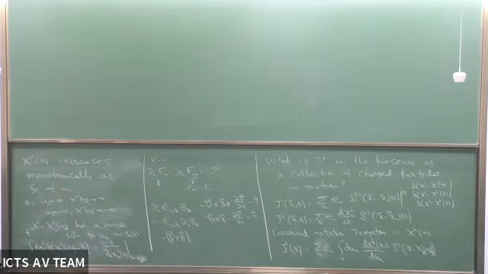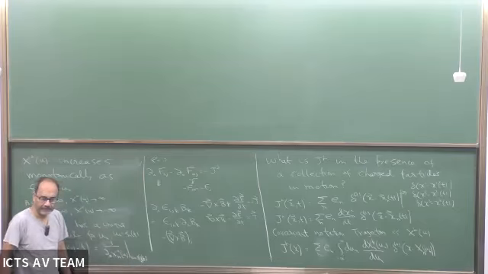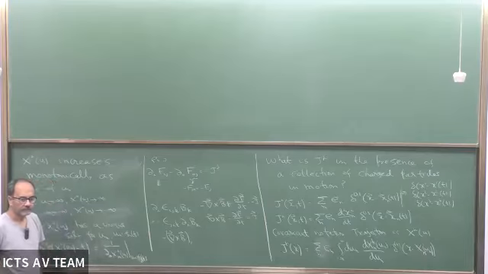Wherever x_n naught of u_n becomes t, that determines u_n as a function of t, which is what I'm calling F_n of t. So it has to be evaluated at u equal to F_n of t. That's the solution to this equation. That's where you have to evaluate this.